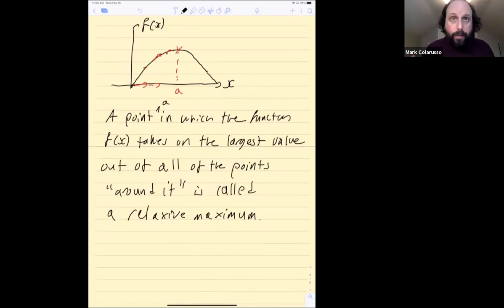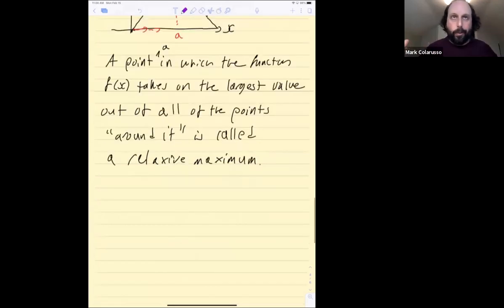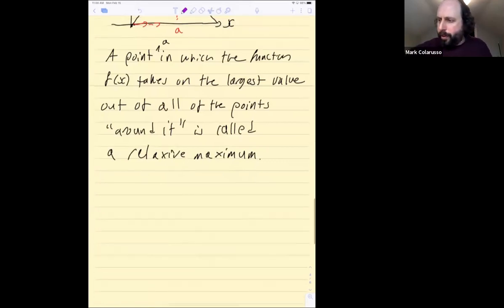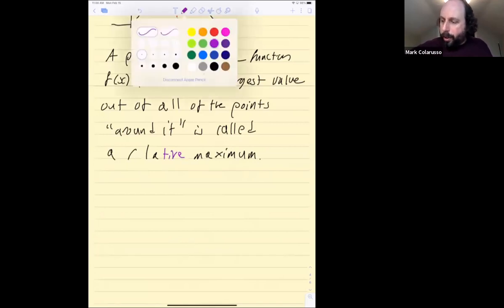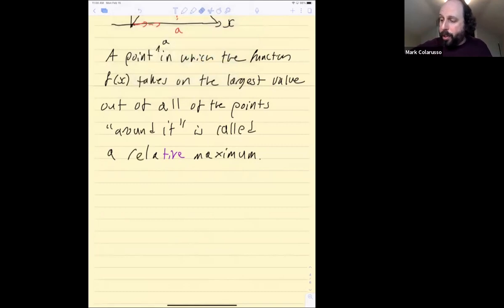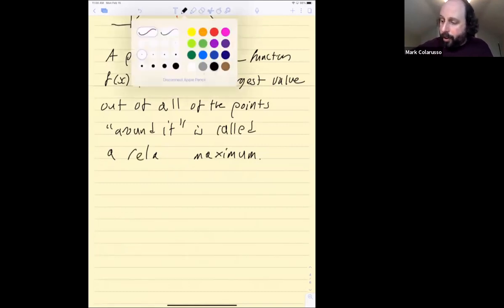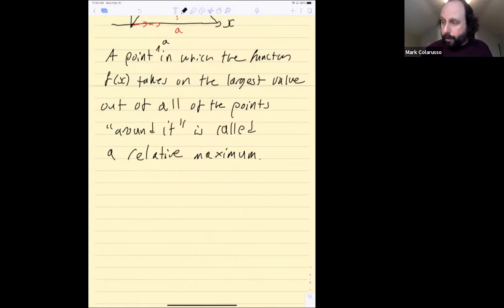And again, finding relative maxima is very important in applications. So we'll get to those in the next few weeks, but we need to do the theory a bit before we can dive into the applications and get the payoff. Oh, relative, not reflexive, sorry. Relative maxima. We need to do the theory until we can get the payoff and find how we can use it in our applications.